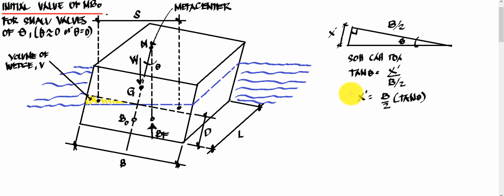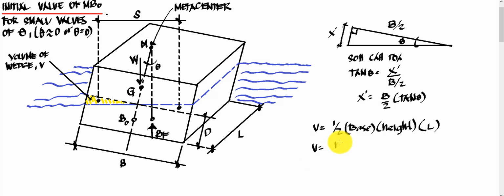Now to determine the volume of the wedge, this is a triangle, so the equation of a triangle is 1/2 base times height. You have your base times the height, then you multiply by the length.